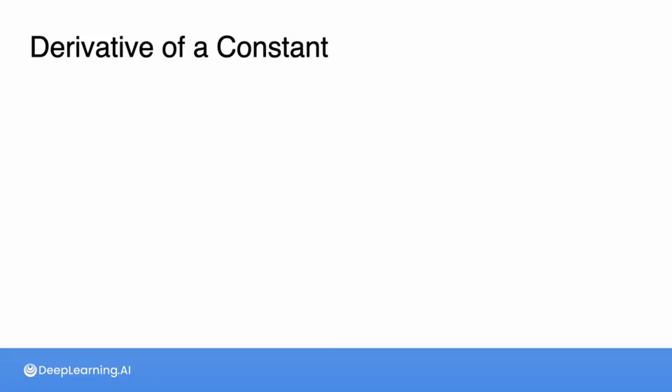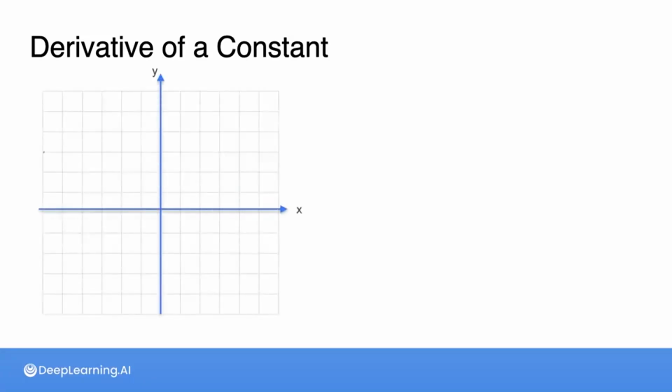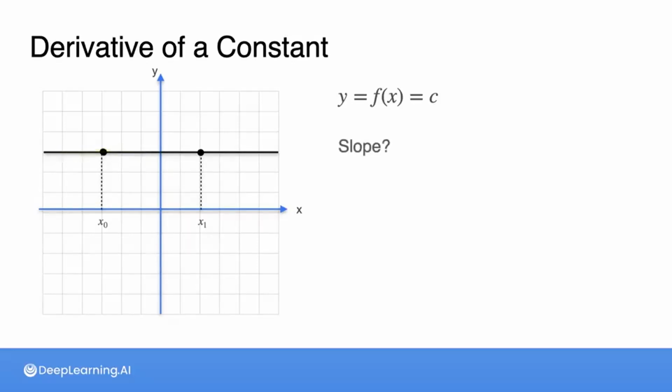And the simplest line is actually a constant, so a horizontal line. This function is such that the height at every point, for example x0 and x1, is always the same, some constant c. The c could be -1, 7, 3.5, any number as long as it's always the same. So now let's look, for example, at the derivative at x0. So this tangent line has the same slope as the entire line. What is this slope?